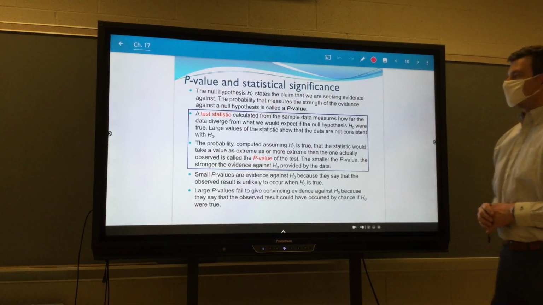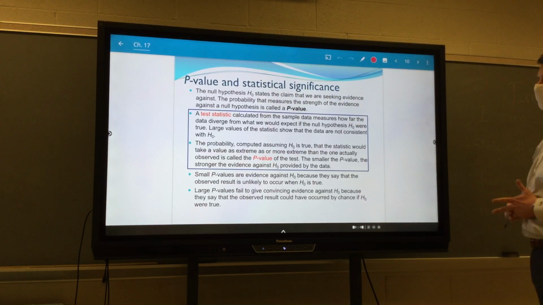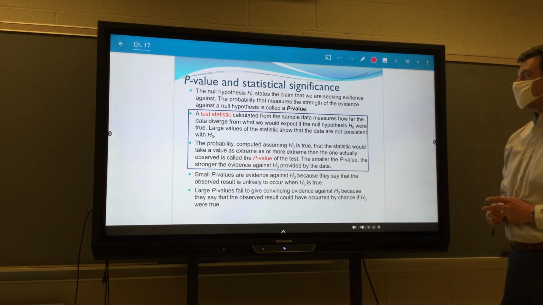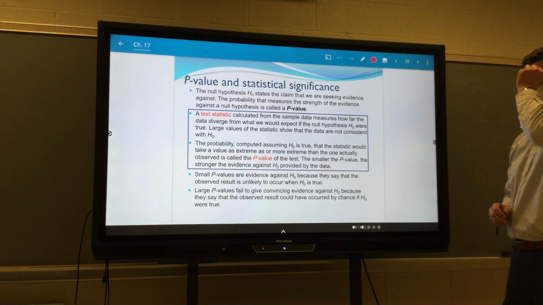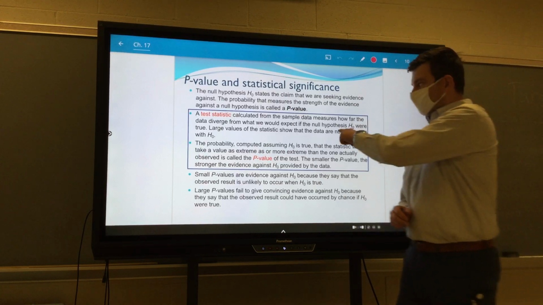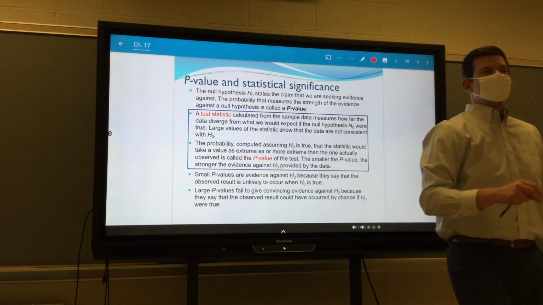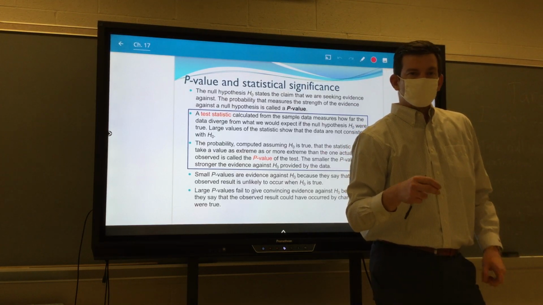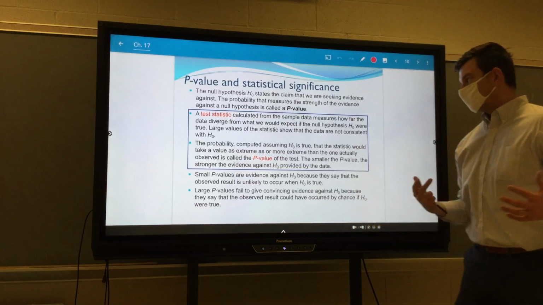The null hypothesis states the claim we are seeking evidence against. The probability that measures the strength of the evidence against the null hypothesis is called a p-value. P-value is a probability. It is the number that helps us assess likelihood.